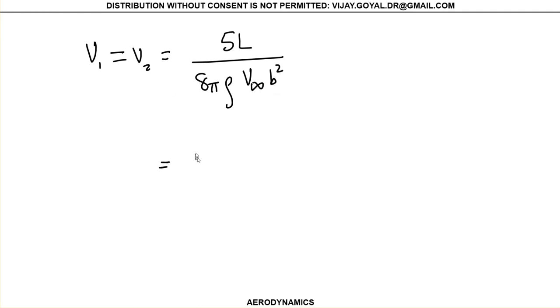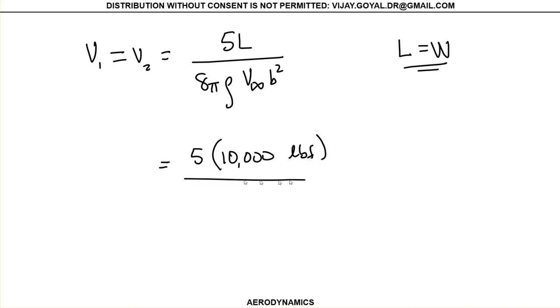So replace the values. I know that because it's level flight, L is equal to W. This is 10,000 pound forces over 8 pi, the density is given in the problem, 10 to the minus 3.